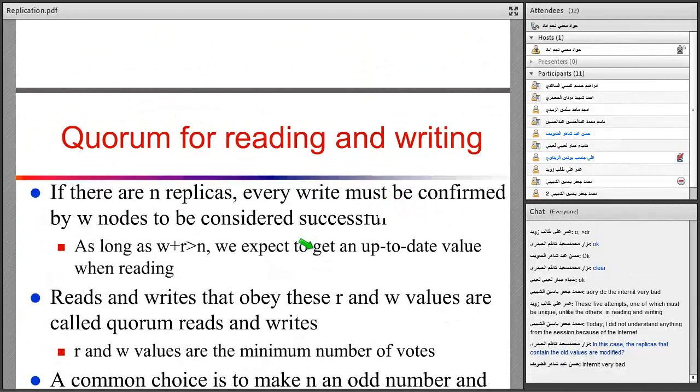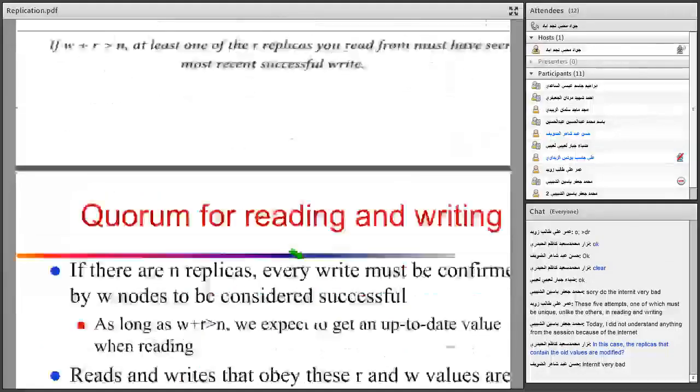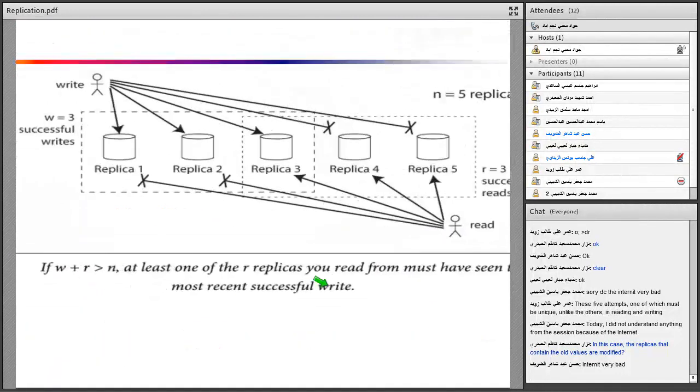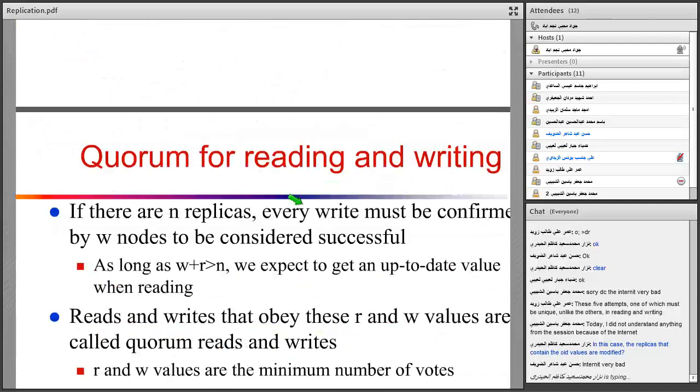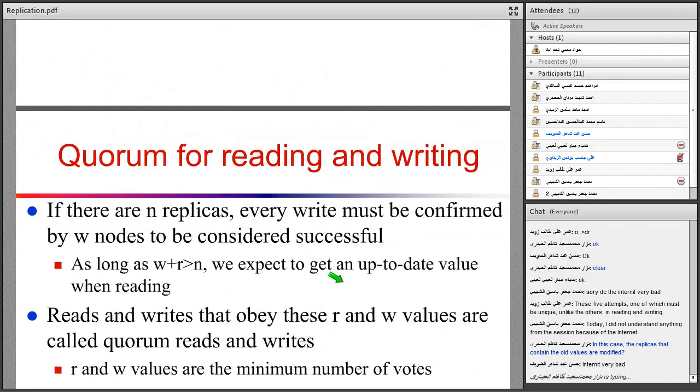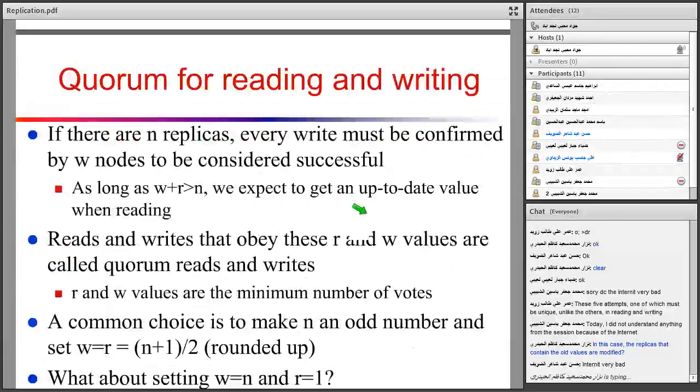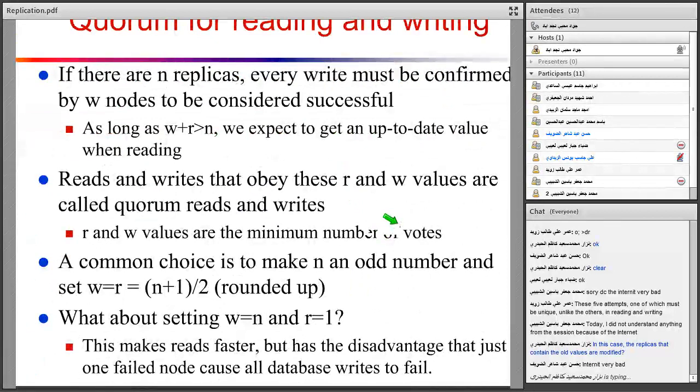We know these sentences are right. Reads and writes that obey these R and W values are called quorum reads and quorum writes.